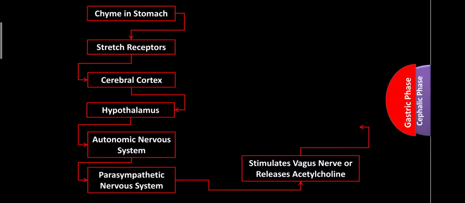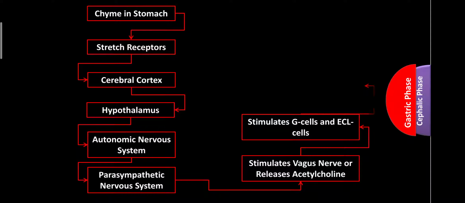This released acetylcholine stimulates the vagus nerve, which enters the stomach and stimulates the G cells, that is gastric cells, and ECL cells, that is enterochromaffin-like cells.